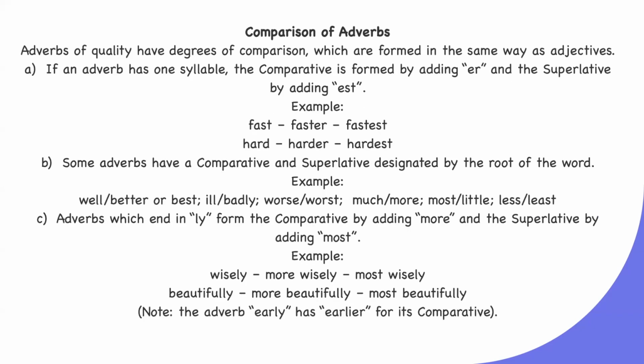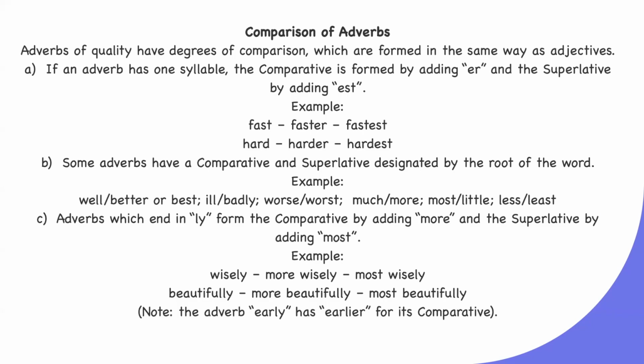Comparison of adverbs. Adverbs of quality have degrees of comparison, which are formed in the same way as adjectives. If an adverb has one syllable, the comparative is formed by adding er, and the superlative by adding est. For example, fast, faster, fastest, hard, harder, hardest. Some adverbs have a comparative and superlative designated by the root of the word.